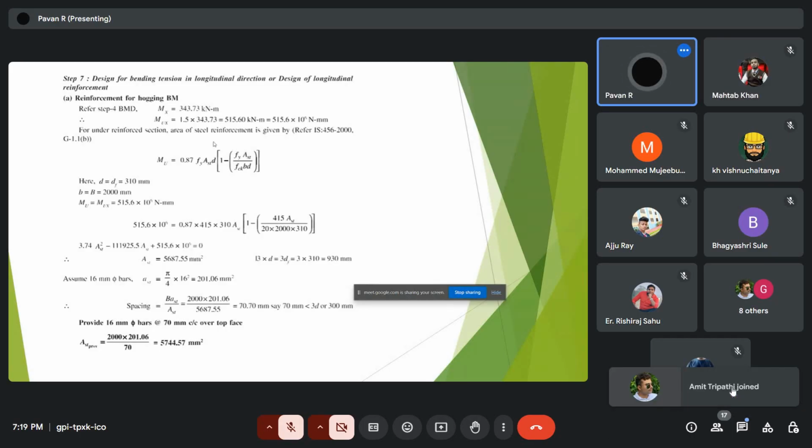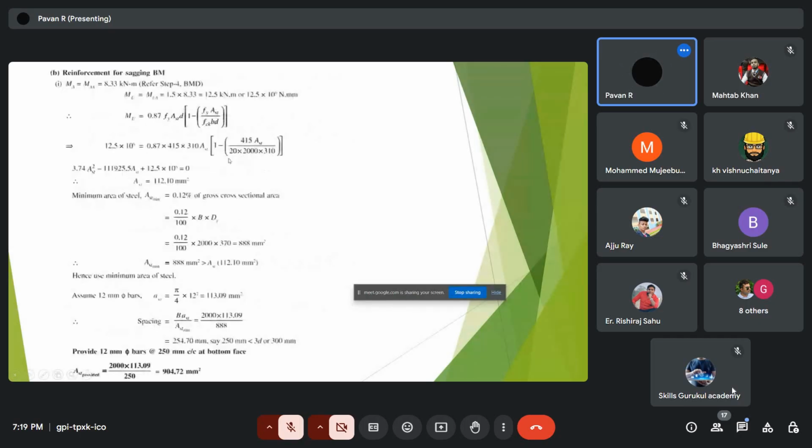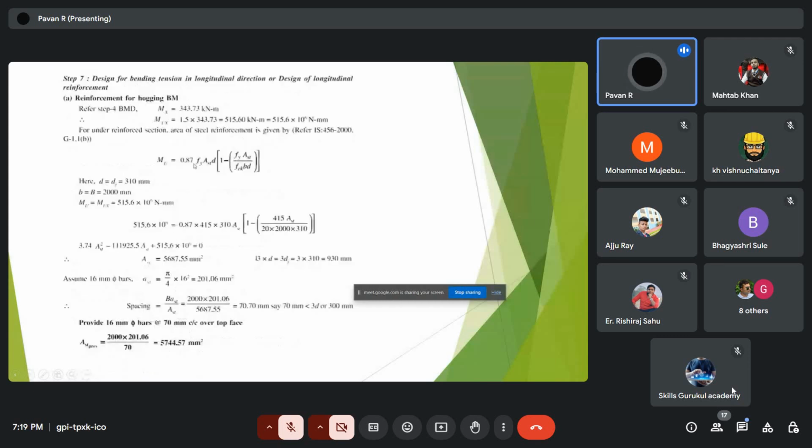For calculating the Ast required, we should work out with this formula, which is from IS 456:2000 annexure G 1.1, that is b. If we open the IS 456:2000, we can see that this formula is in annexure G of the IS 456.